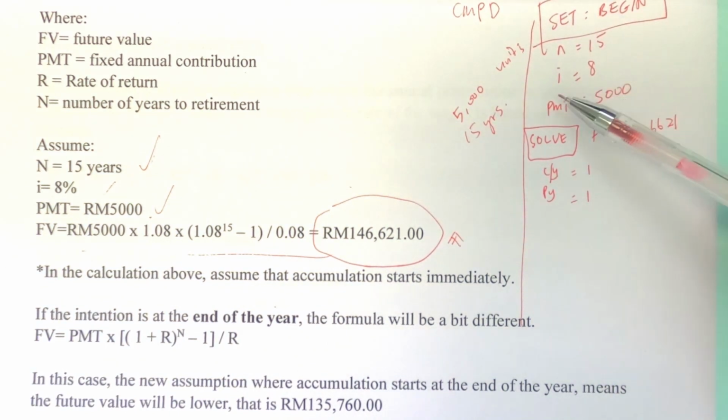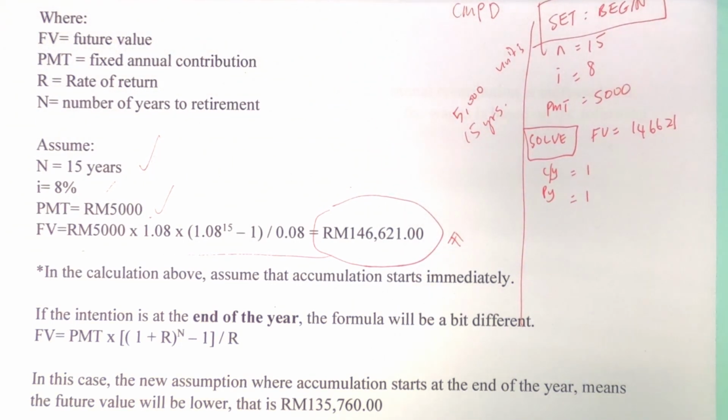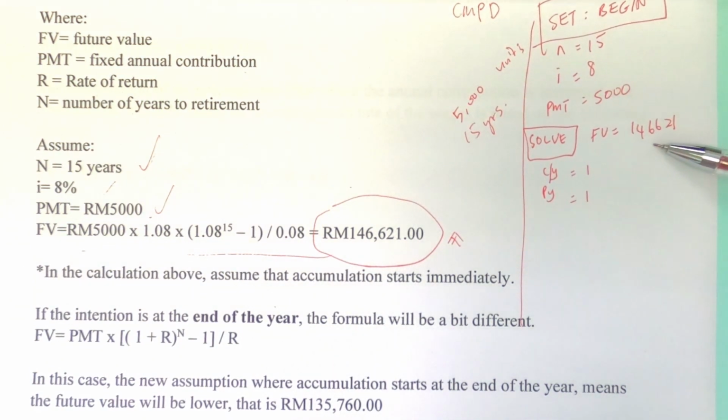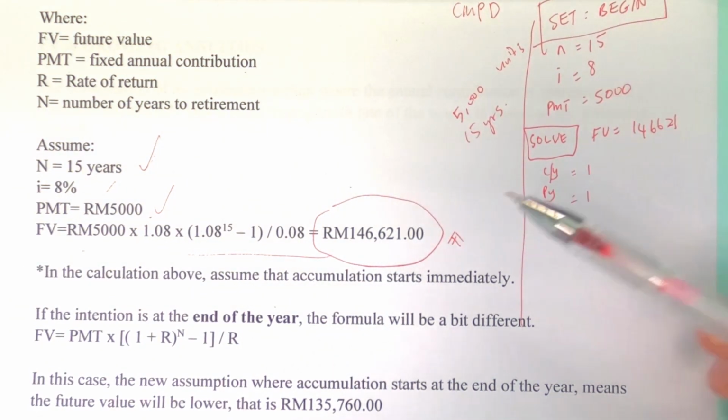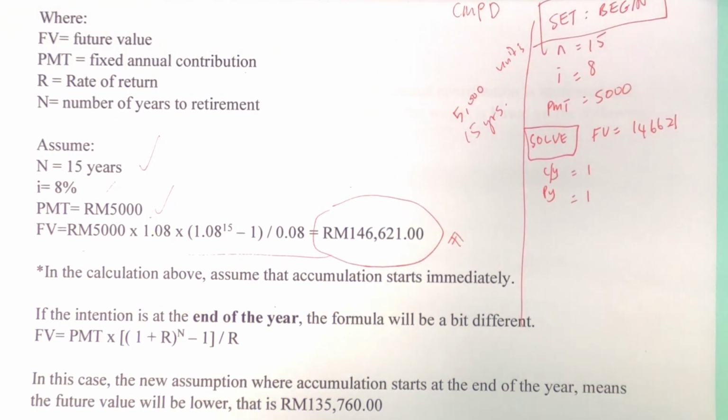N is 15, I equals 8, PMT 5,000 per year that will be made. P/Y and C/Y are both 1, and if you go to FV and solve for FV, you get 146,621, similar to the answer from our formula.